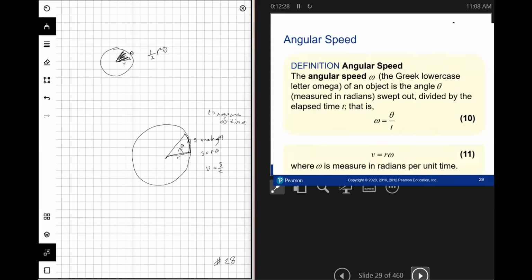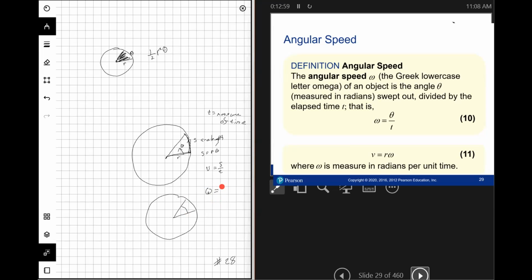Now, angular speed, well, if we're talking about the same thing, we want to know how fast is this angle growing? So how fast does it sweep out that area? And for angular speed, we're using the Greek letter omega for that.